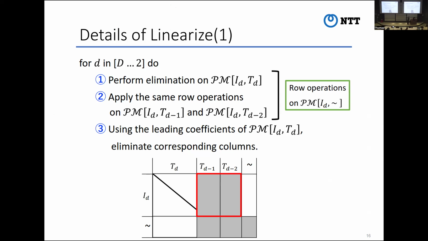And then we perform the same row operations on PM_{I_d,T_{d-1}} and PM_{I_d,T_{d-2}}. And then, by using the leading coefficients of PM_{I_d,T_d}, we eliminate the corresponding columns. And by repeating these operations from degree D to 2, we can partly perform the Gaussian elimination on the matrix PM over the polynomial ring.